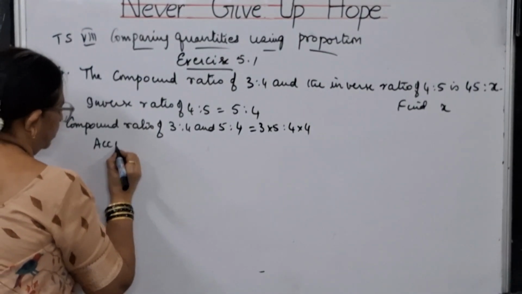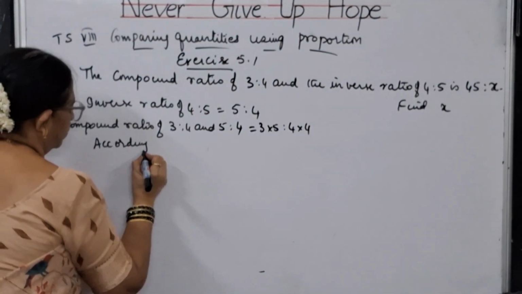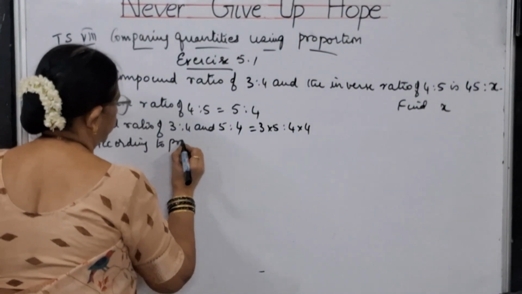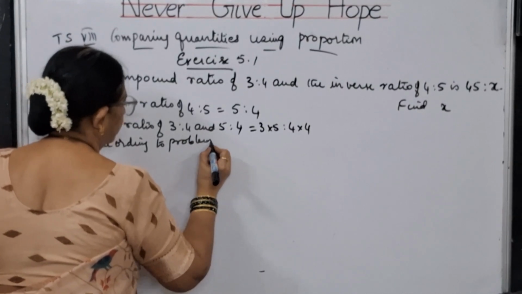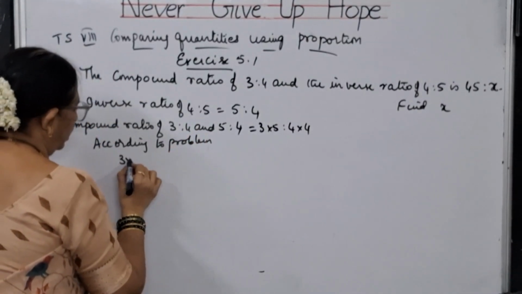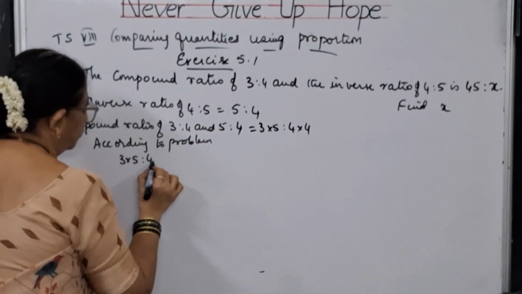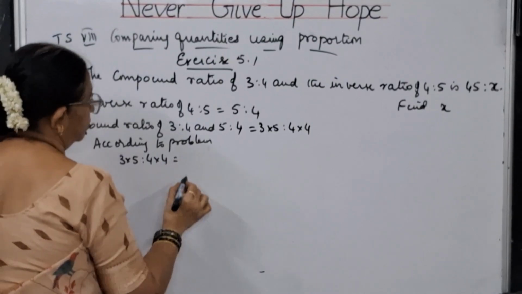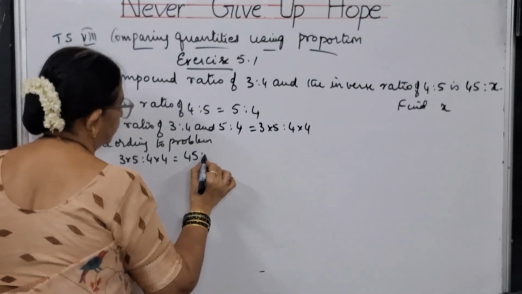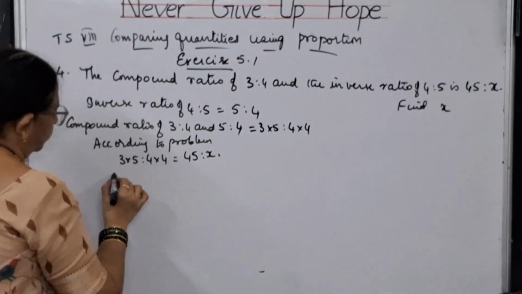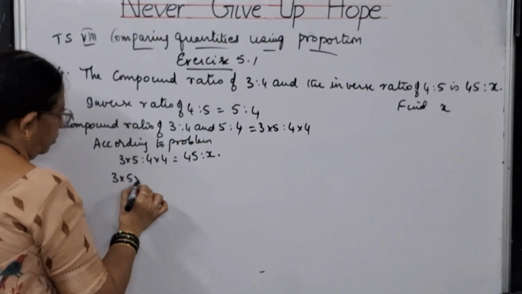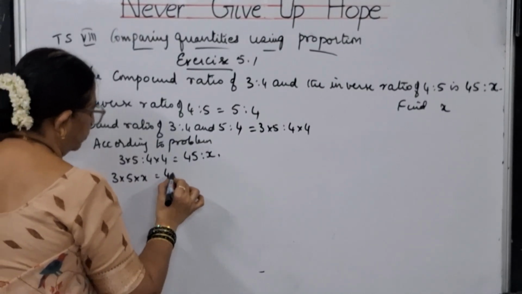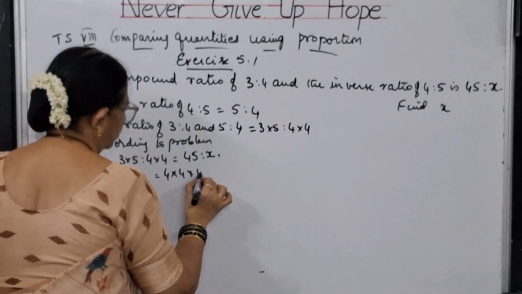According to the problem, 3 into 5 is to 4 into 4 is equal to 45 is to x. So 3 into 5 into x is equal to 4 into 4 into 45.